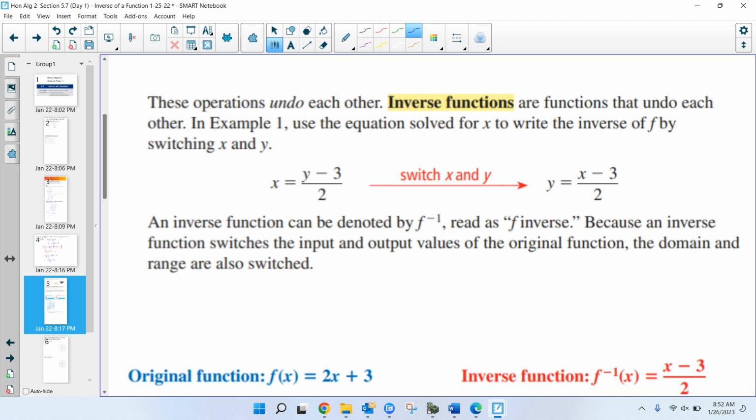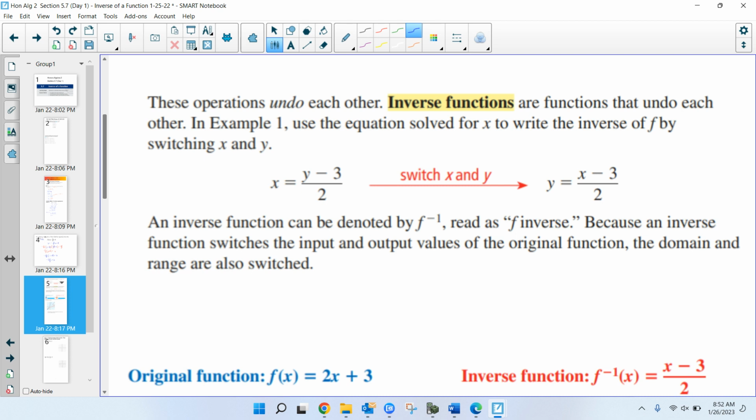what's going to happen now is to find the inverse of a function. If you've been zoning out, you need to listen to this. To find the inverse of a function, you're not just solving for x. That was a little exercise to show you how to undo the order of operations to get one of the variables by itself.